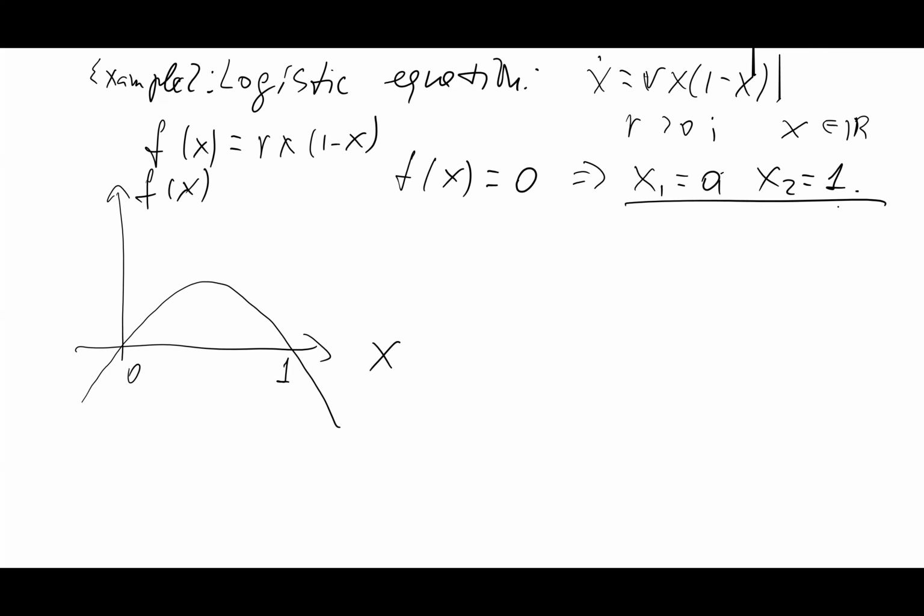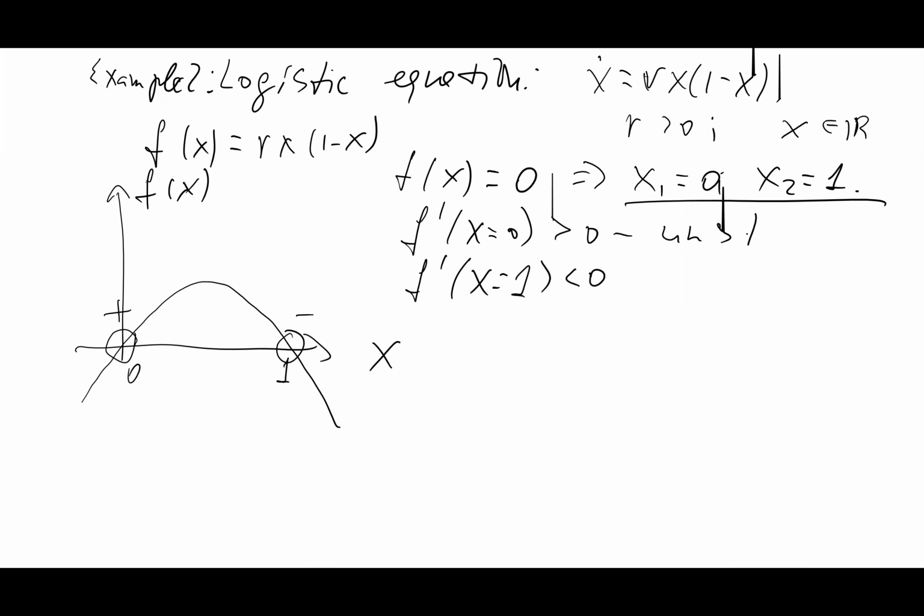So we have two fixed points, 0 and 1. At 0, the derivative of f at x equals 0 is positive. We can see it from here. It is positive here, and it is negative here. The derivative at x equals 1 is negative. So this is unstable, and this is stable.